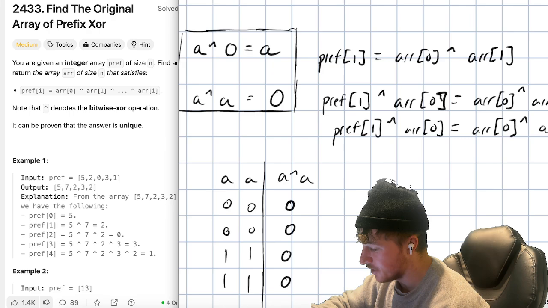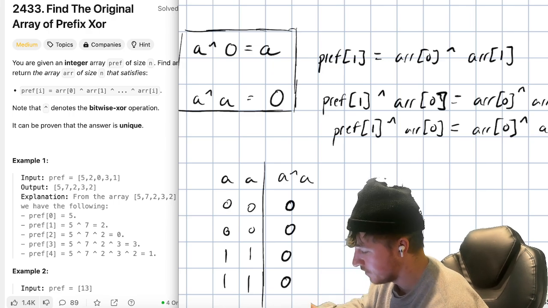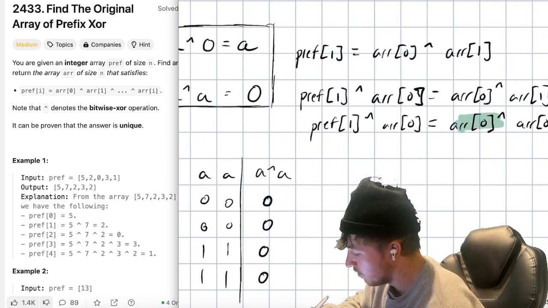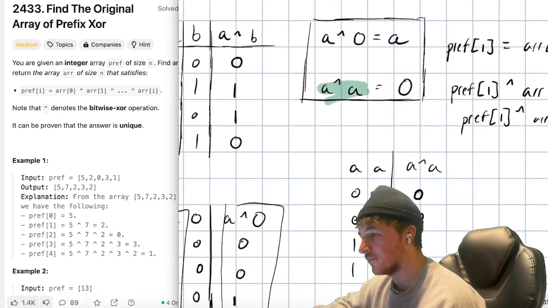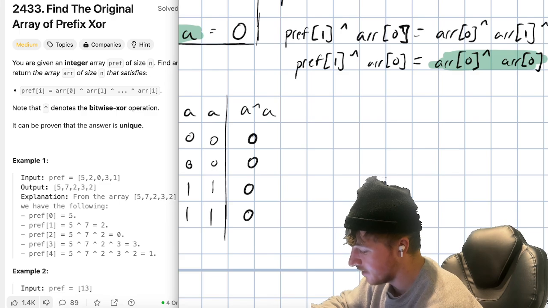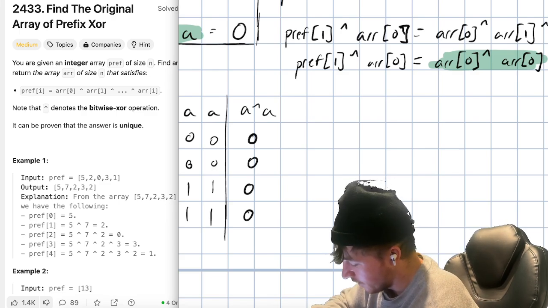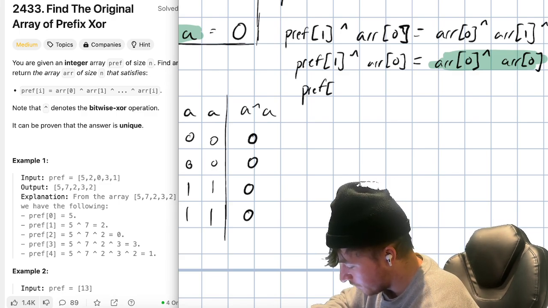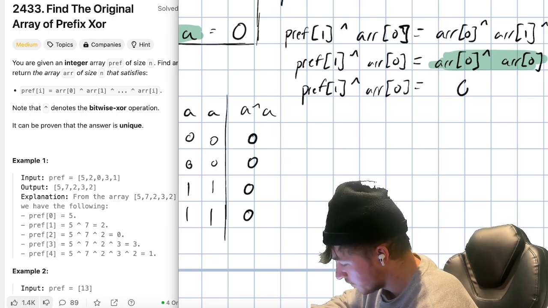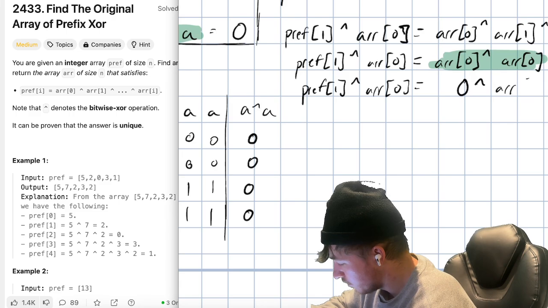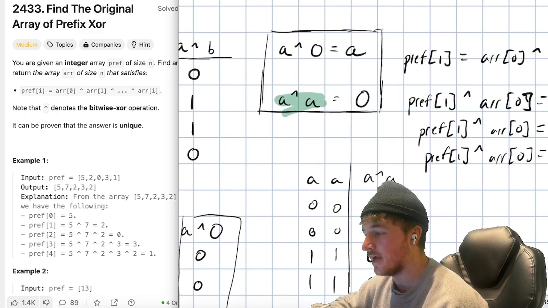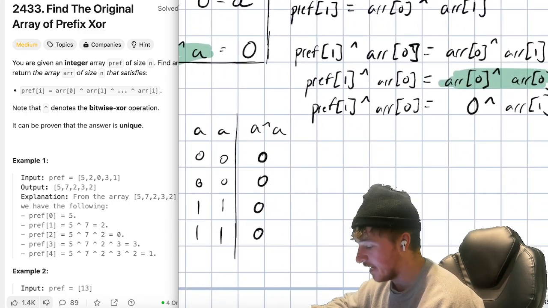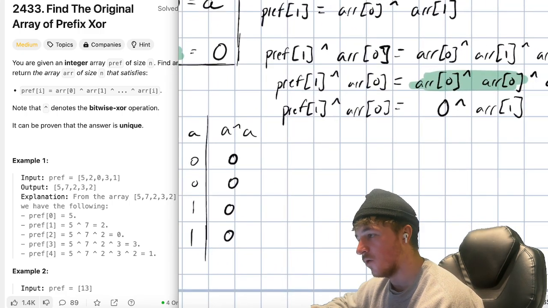Now, you'll notice here that I have array 0 XOR array 0. That's essentially A XOR A, and something XOR'd by itself is 0. So this equals 0 XOR array 1. And the other fact is A XOR 0 is A, so 0 XOR array 1 is just array 1.